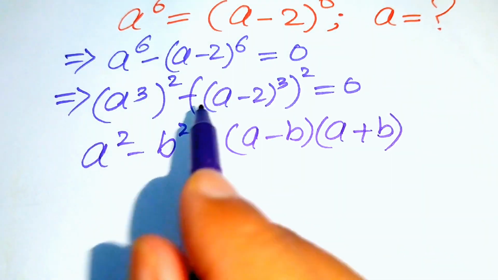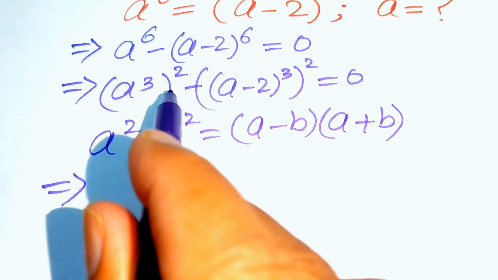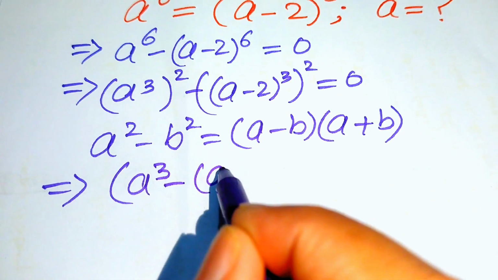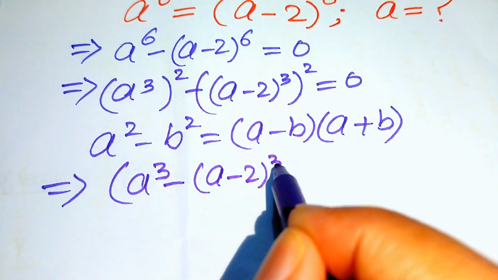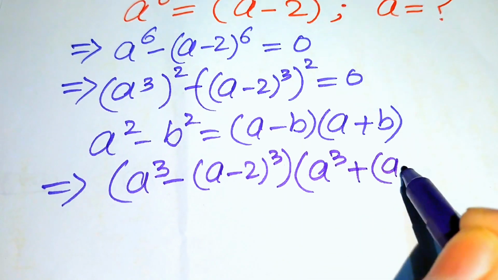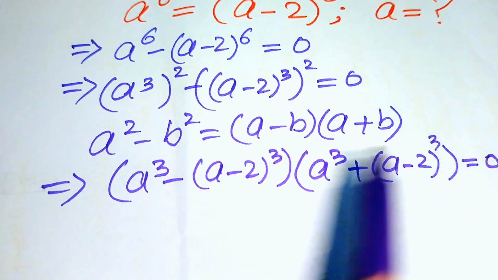So we need this formula in order to solve the above equation. We apply this formula on this equation, and it becomes (a cubed minus (a minus 2) cubed) times (a cubed plus (a minus 2) cubed) equals 0.